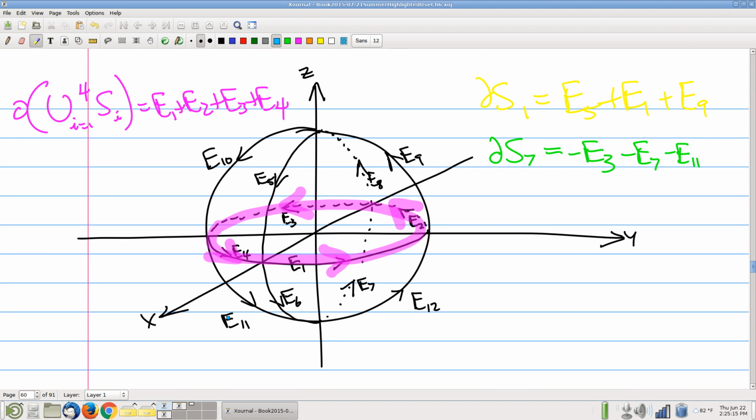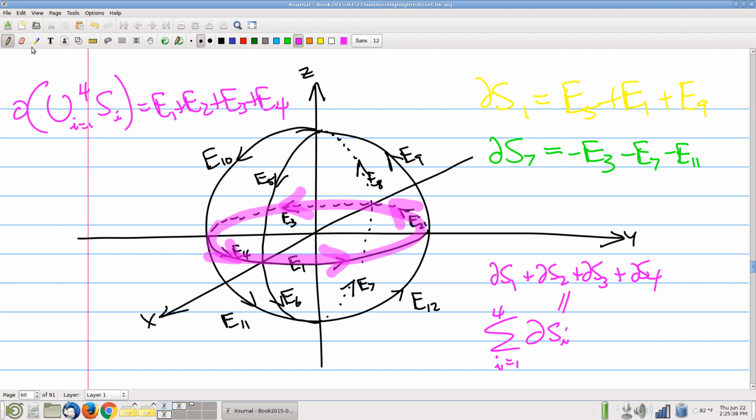So you're going to add up boundary of S1, boundary of S2, boundary of S3, boundary of S4. Namely, you're going to compute the summation of boundary Si, that goes from 1 to 4.